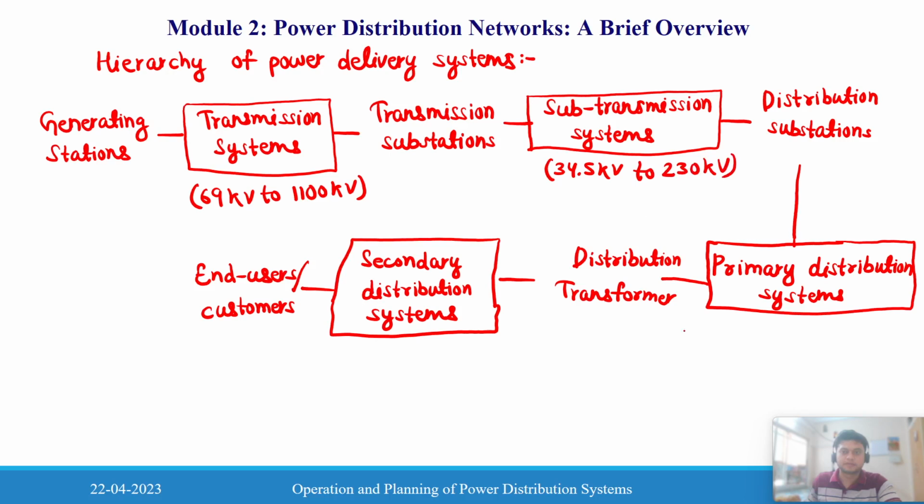Further, this voltage drops down for the primary distribution system to 2.2 kV to 34.5 kV. And for USA-type countries it is 118 to 120 volt, and for India it is 220 to 230 volt phase.